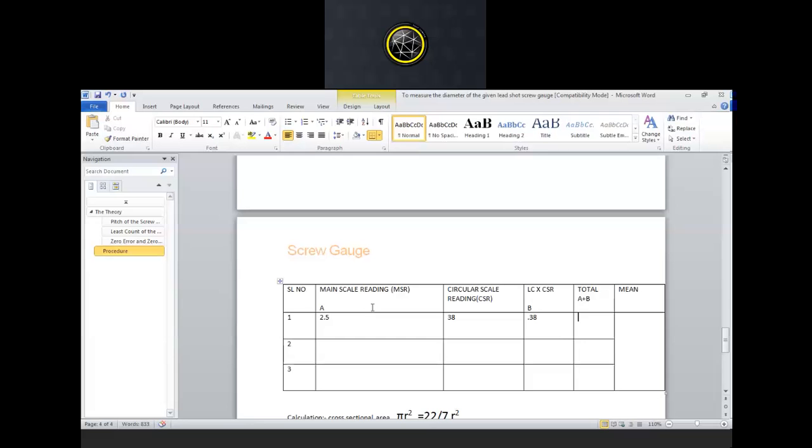Next, A plus B. That means this one plus this one. 2.5 plus 0.38. We have to put it in total.